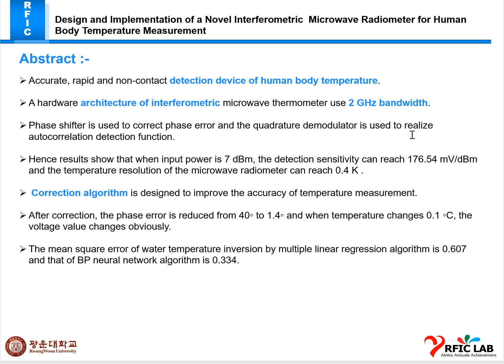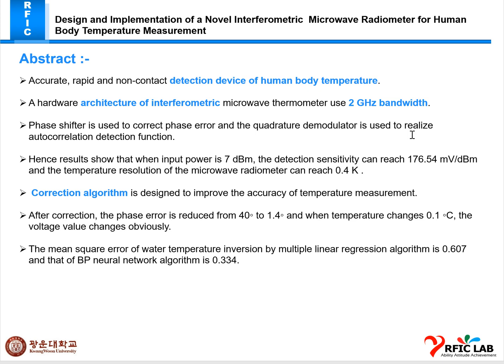After the phase correction, the temperature error reduces from 40 degrees to 1.4 degrees Celsius, and then the temperature changes by 0.1 degree Celsius. The voltage value also changes.